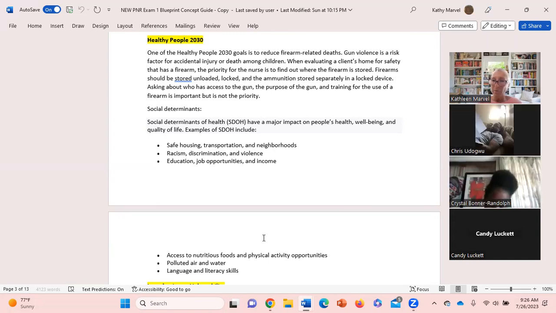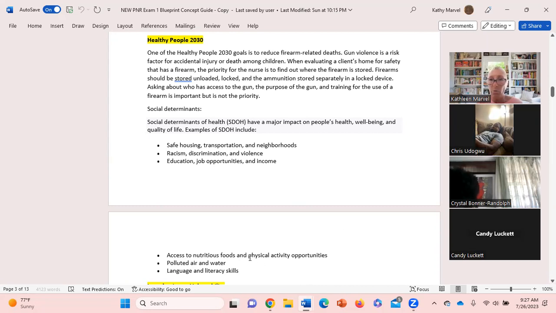Do we understand social determinants of health? Do we have safe housing? Is there discrimination? Is there a high crime rate? Are there good schools? Are there job opportunities, or is the unemployment rate high? Income, do people live in poverty? Access to nutritional foods: do they have grocery stores?